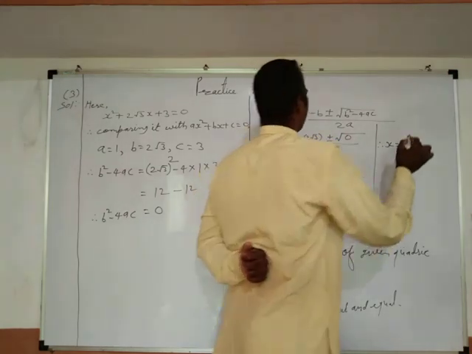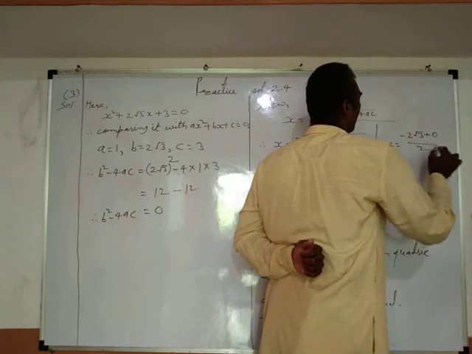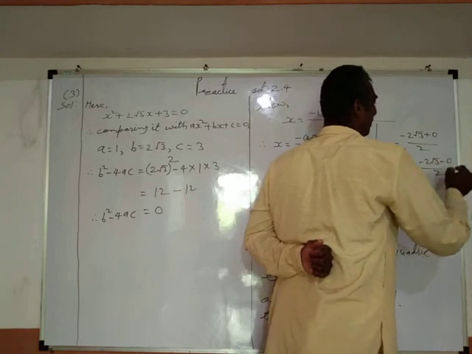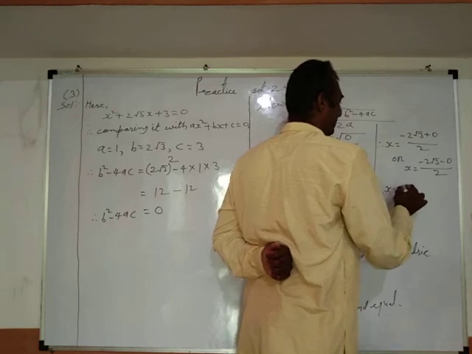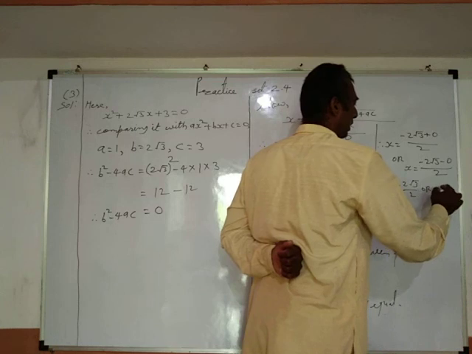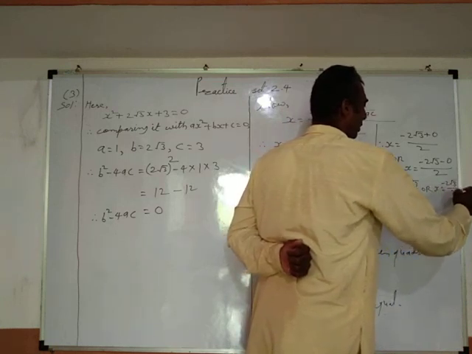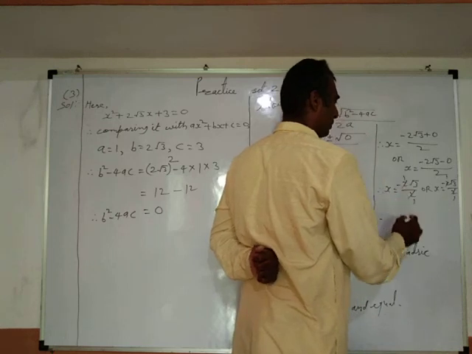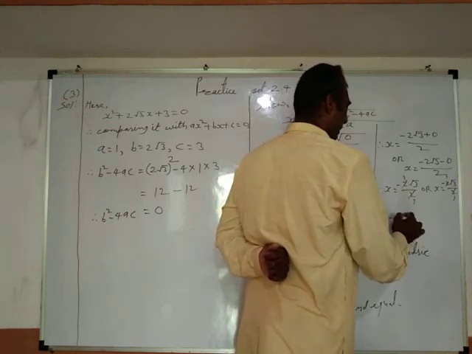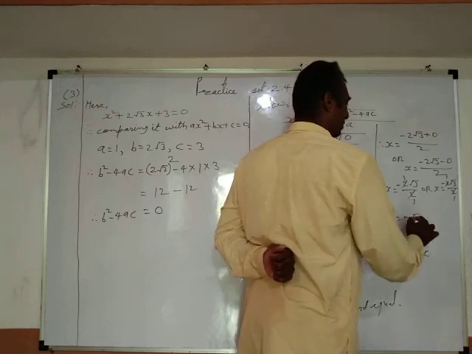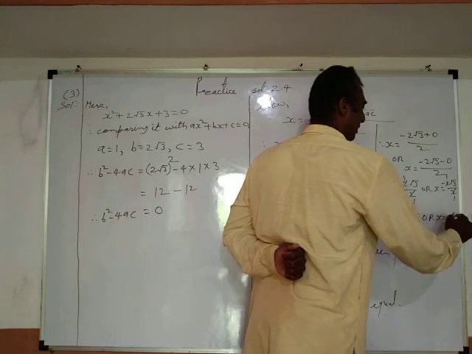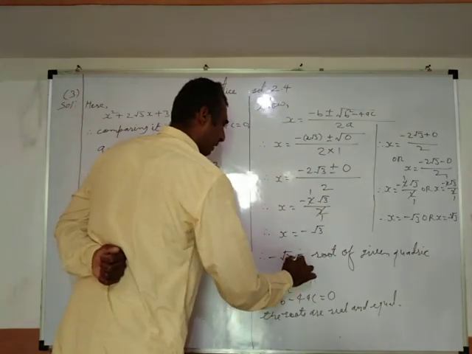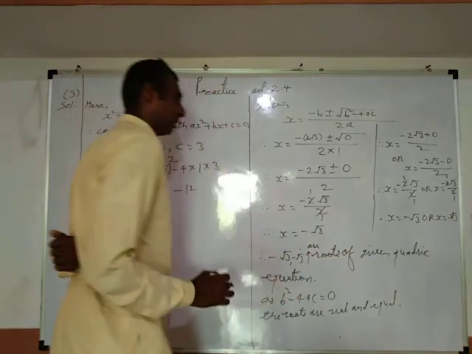Therefore x equals minus 2 root 3 plus 0 upon 2, or x equals minus 2 root 3 minus 0 upon 2, and therefore x equals minus 2 root 3 upon 2, or x equals minus 2 root 3 upon 2. 2 ones are 2, and therefore yes, we can write x equals minus root 3, or x equals minus root 3, and therefore here we can mention minus root 3 are roots of given quadratic equation.